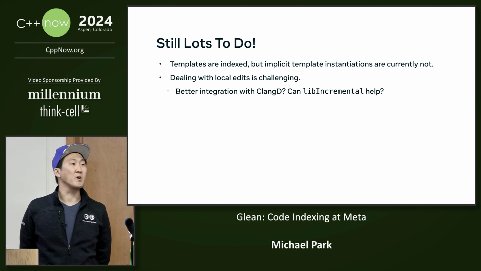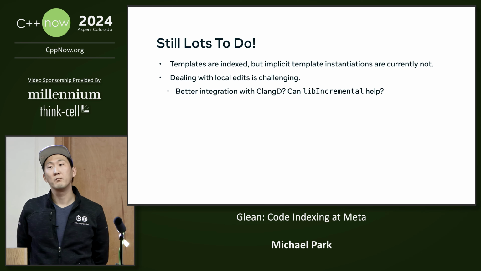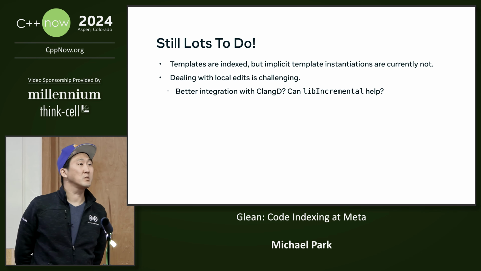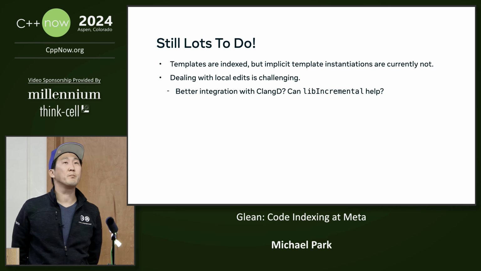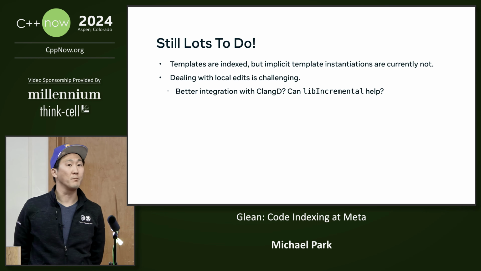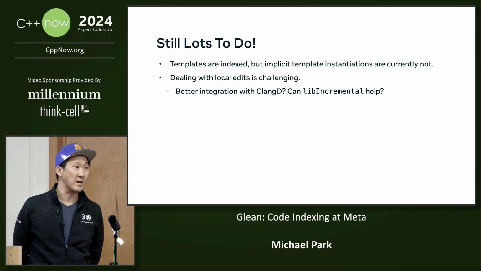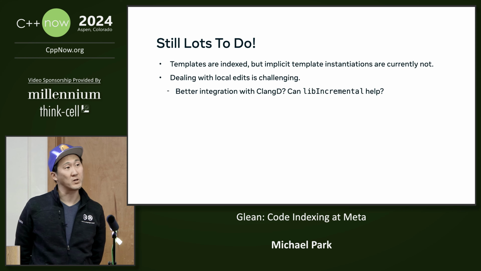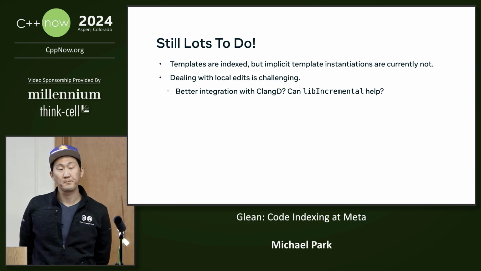As far as large refactoring goes, I think it can be used for that. For example, you can have a small commit or a large commit locally, get Glean to incrementally index that commit and then reevaluate, right?